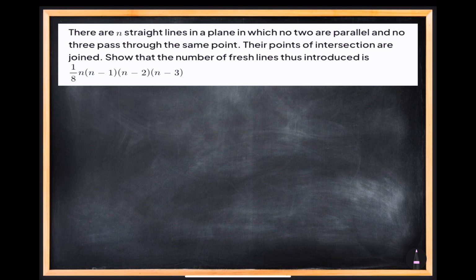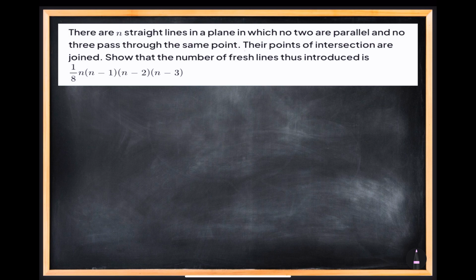Okay, so those n straight lines will intersect at some points, because they are not parallel, so they will intersect. After intersection you have to connect the points of intersection.